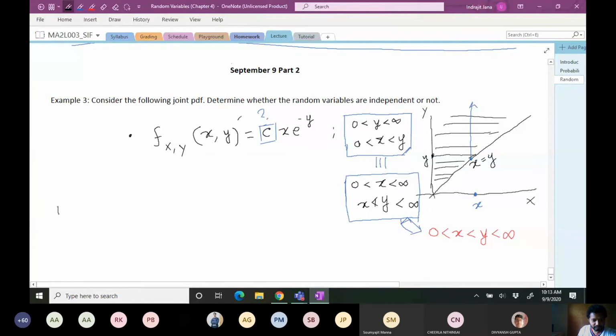The integration of the whole joint PDF must be equal to 1, so 1 is equal to the integration of c times x times e to the power negative y dx dy.